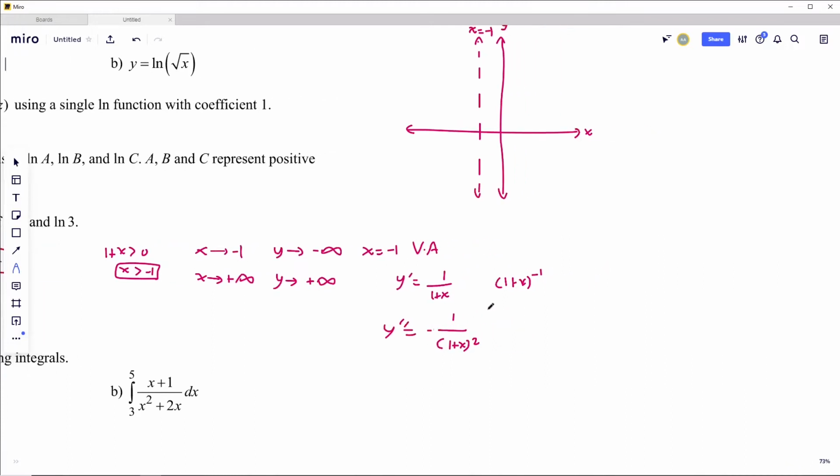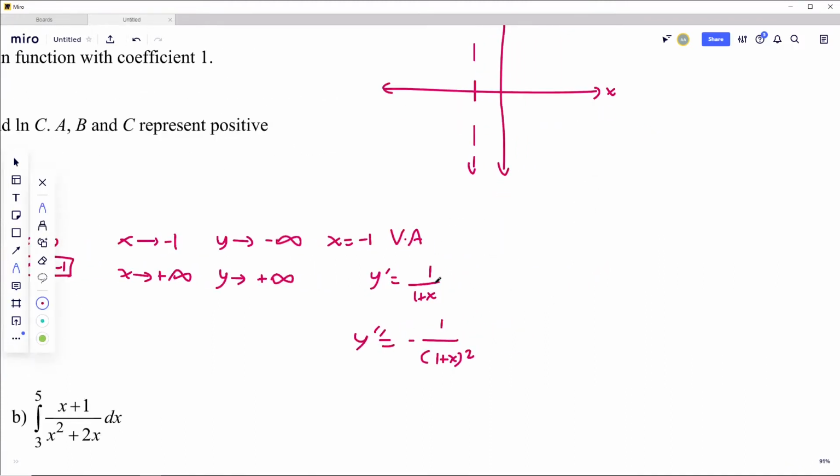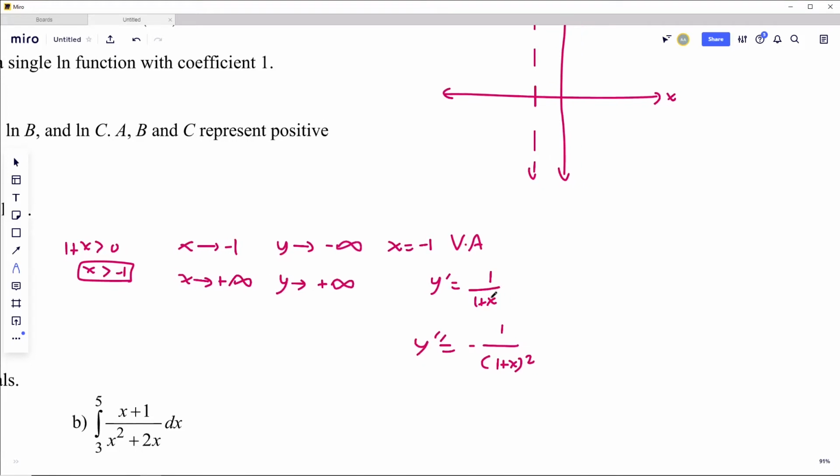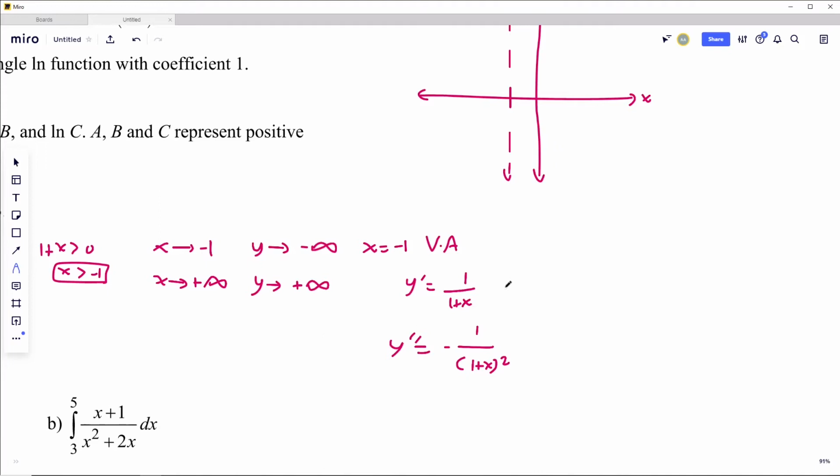Now let's observe the signs and how this function reacts. We said we can only be greater than 0, so let's check. There are two ways to do this. Knowing that x can only be greater than minus 1, if we pick minus 1 here, we'll get 0.